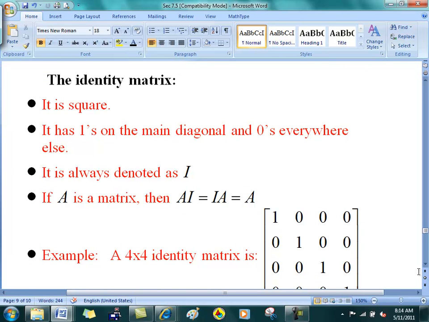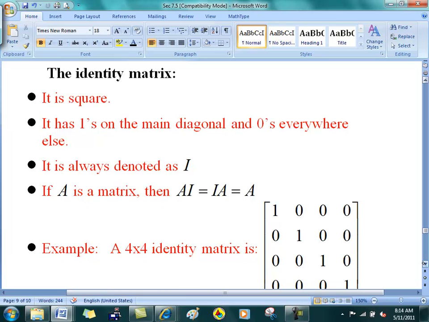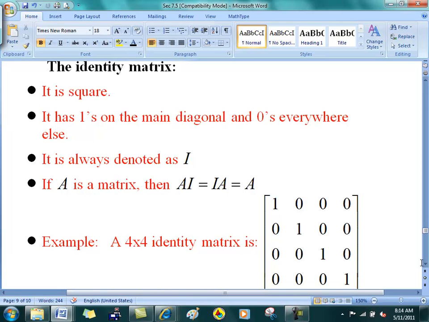A very important matrix called an identity matrix. Okay? Called an identity matrix. It's equivalent to the number 1 in scalar land. So an identity matrix, first of all, has got to be square, which means that it's got to have the same number of rows as columns. Okay?